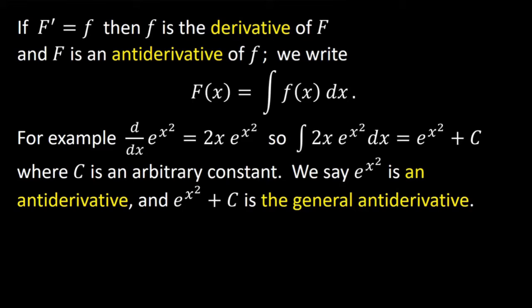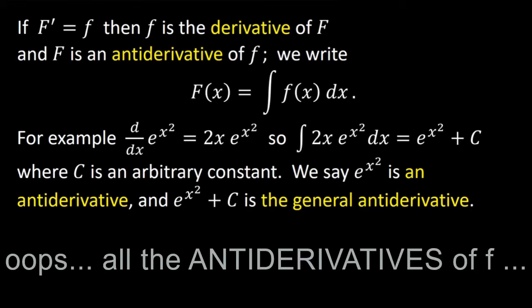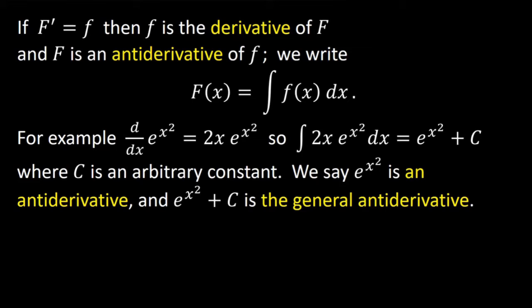So when you take a derivative, there's only one derivative, but when you take an antiderivative, there are many choices, all shifted up and down by an arbitrary constant. If you fix the constant, then you've chosen a particular choice of antiderivative. How do we know that all the antiderivatives of little f are simply found this way by shifting up and down by a constant?